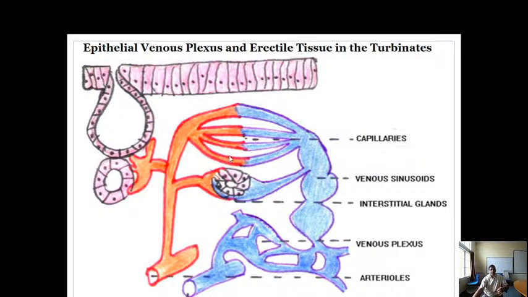But in the nasal cavity, as I told you, the arteries sometimes directly open into spaces which are called the sinusoids, which are empty spaces, but they can get filled up. The blood can pool within a fraction of a second, because the arterioles normally do not allow the blood to flow into the sinusoids.